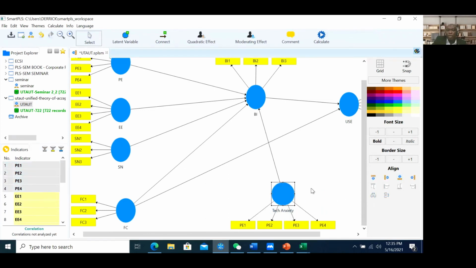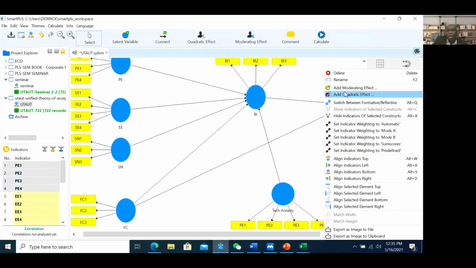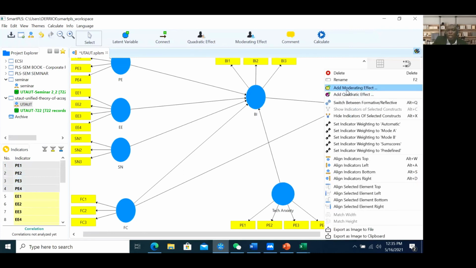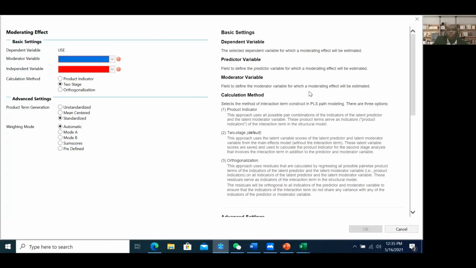Okay, now what we do is that we stand on the dependent variable and then you right click, and then you add moderating effect. So the dependent variable is use. Moderator, so you choose from here.